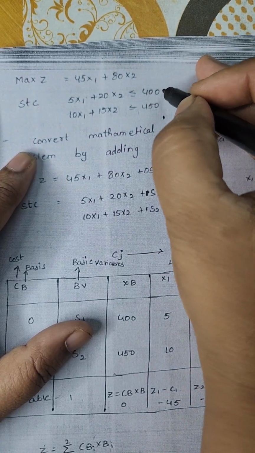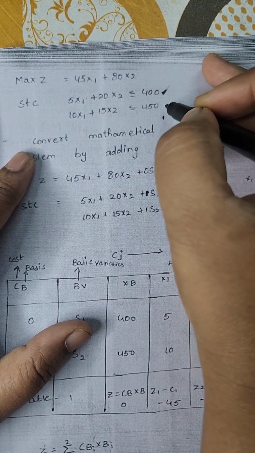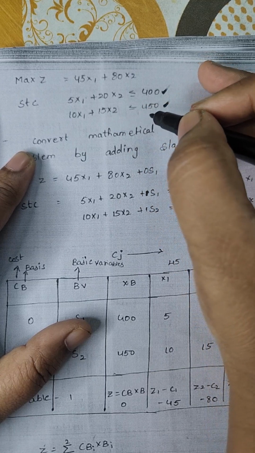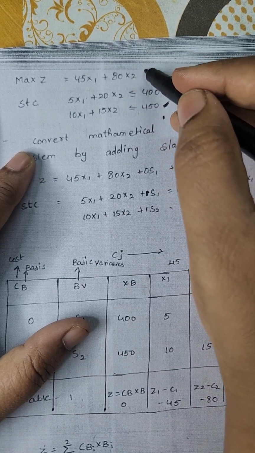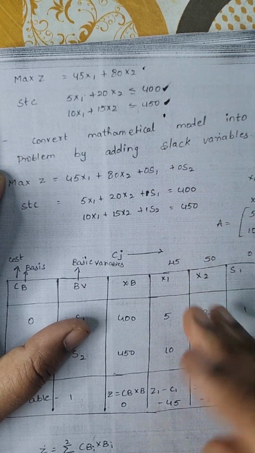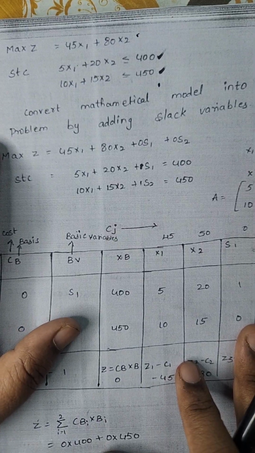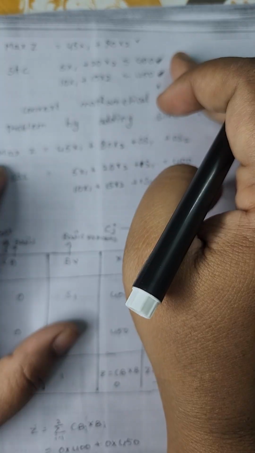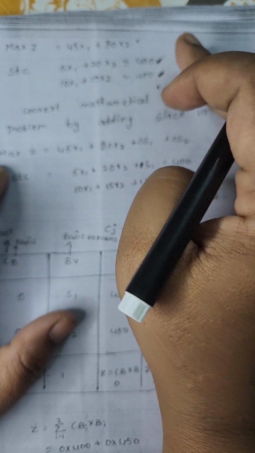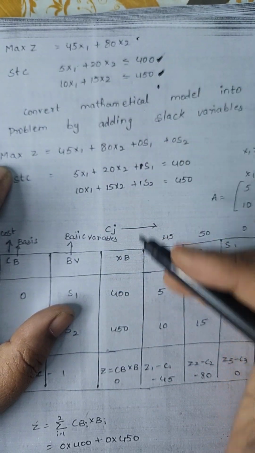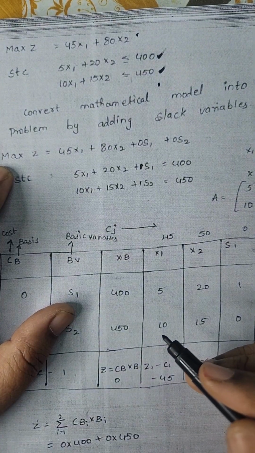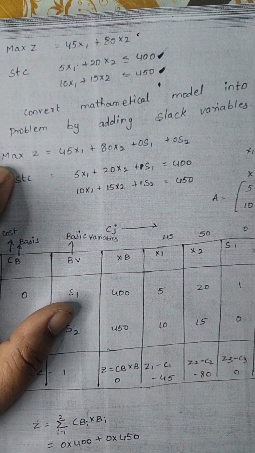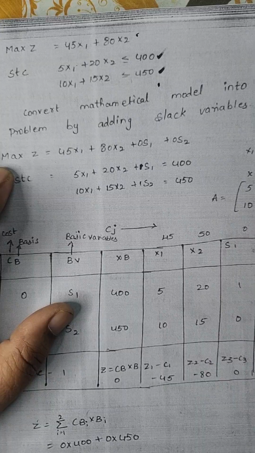This is the constraint corresponding to the board feet of wood, this is the constraint corresponding to the man hours, and this is the profit function. This is the mathematical form of the given oral data. Now we need to convert this into an LPP problem.